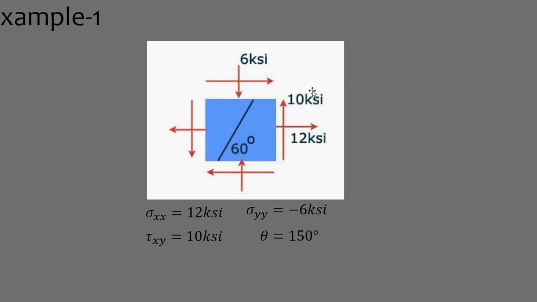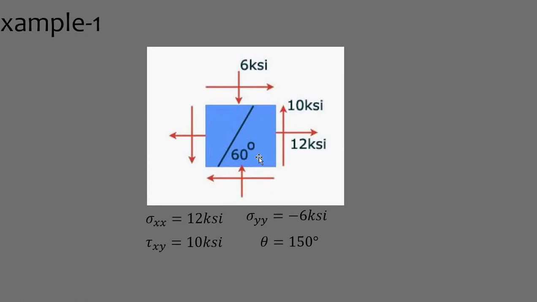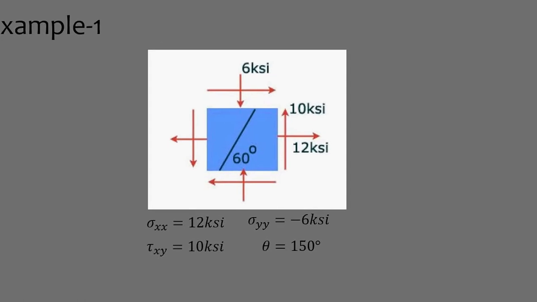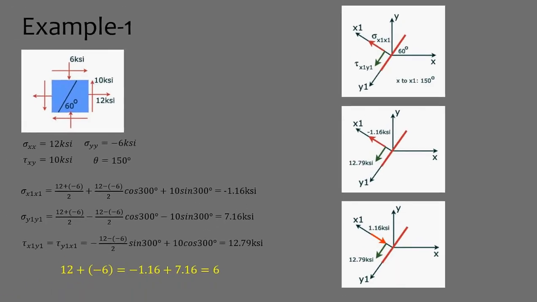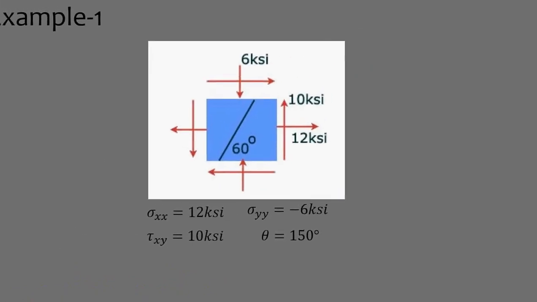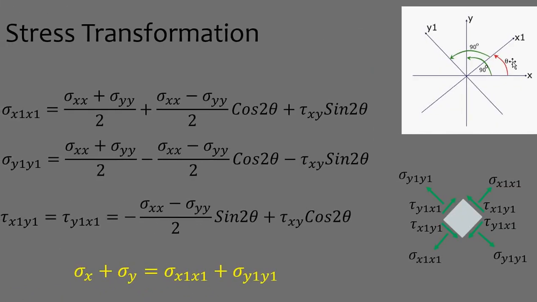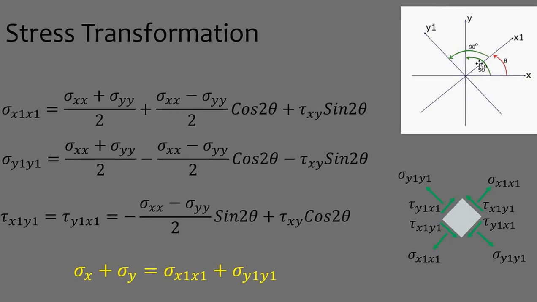What we want to do is find the stress on this inclined plane here, which makes a 60-degree angle from the horizontal. Now, the way to go about this is that, as you can see on this figure, we apply an x1 and y1 axis onto it, where the x1 from x to x1 makes an angle theta.